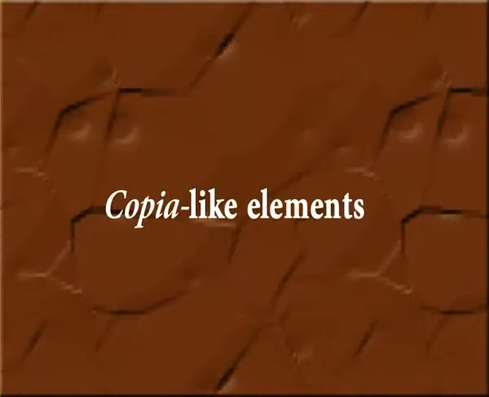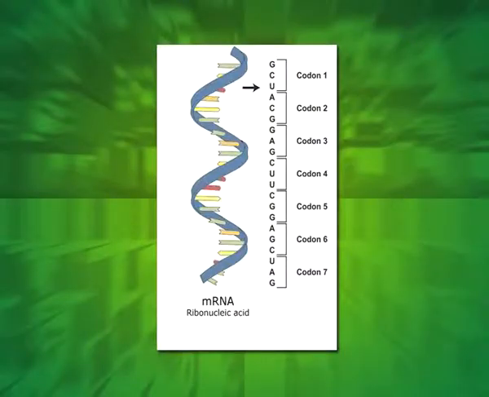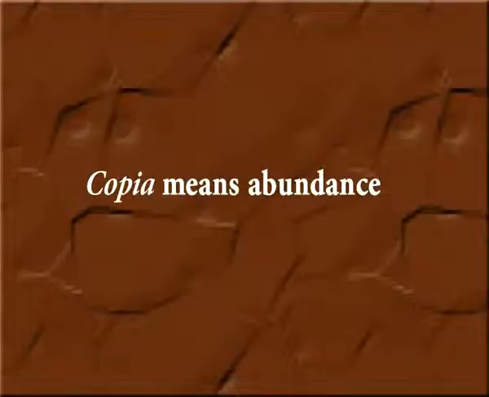Now the copia-like elements. The name copia-like elements reflects the presence of a large number of closely related sequences that code for abundant mRNAs, as the name derives from the Latin copia, which means abundance.